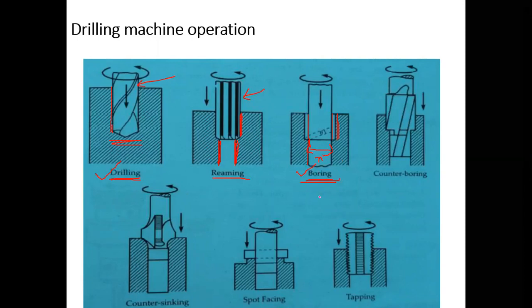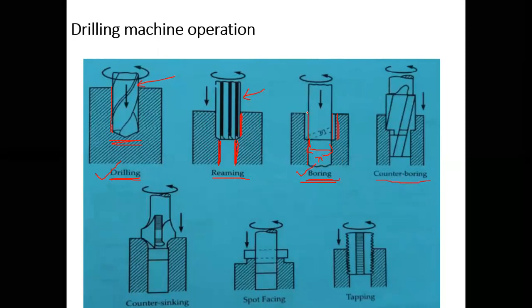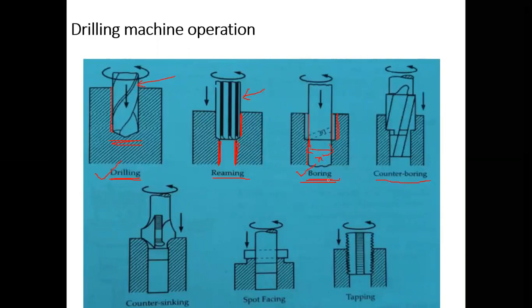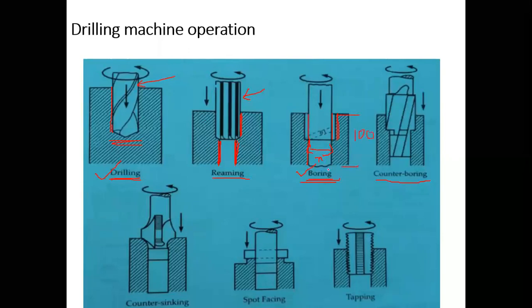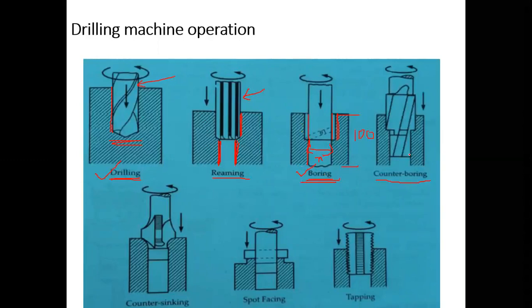So today we can see boring, and then one more operation called counter boring. Enlarging the hole along its entire length is called boring. For example, say this is your 100 mm depth. You are enlarging the hole over all 100 mm depth, making a 10 mm hole into 12 mm. That is called boring. But in some applications, we do not need to do the entire length.